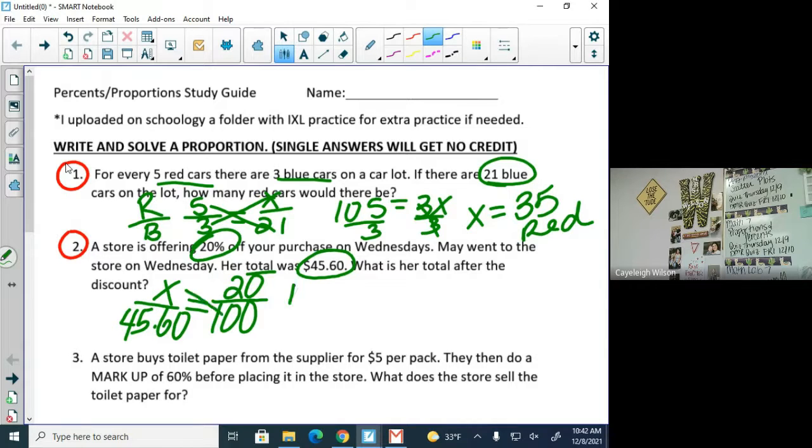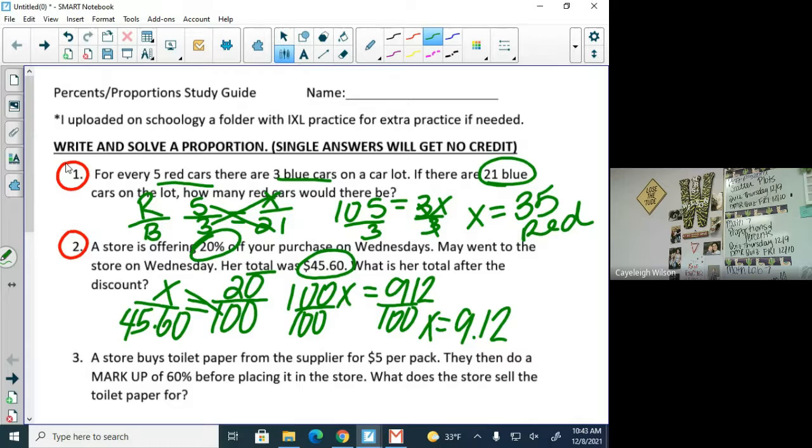So x times 100 is 100x. 20 times 45.60 is 912. Divide by 100, and x equals $9.12. Now, a lot of us wanted to stop there, and if you show your work on your test, you're going to get partial credit for that.